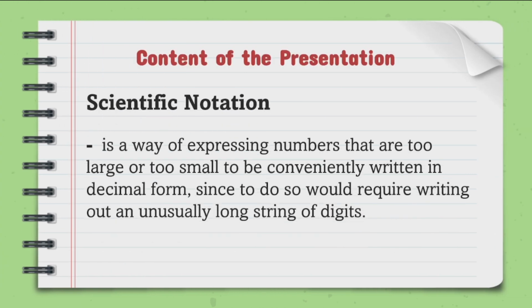So what is scientific notation? Scientific notation is a way of expressing numbers that are too large or too small to be conveniently written in decimal form, since to do so would require writing out an unusually long string of digits. In other words, scientific notation is a form of presenting very large numbers or very small numbers in a simpler form.